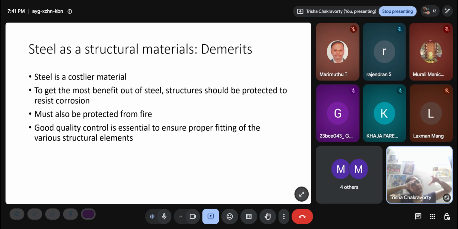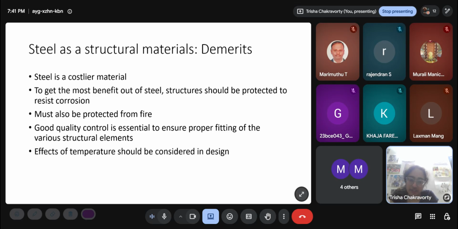If I'm casting everything together, automatically it is cast as a rigid structure. But in steel, I have some section which is the column, I have a section which is the beam, and I have to design the connection also. I have to bolt them together so that it is rigid. It does not allow any movement. So connection design is very important in steel.